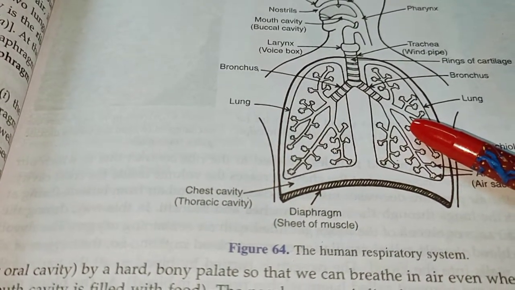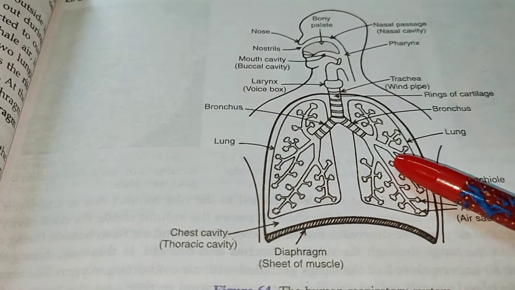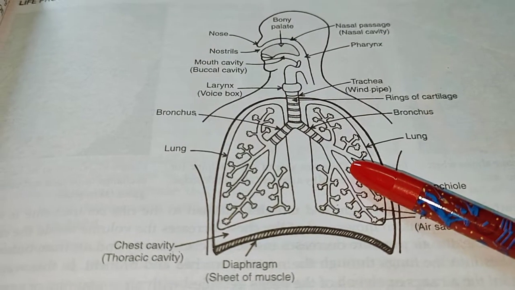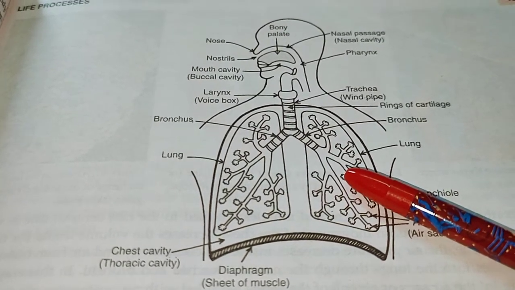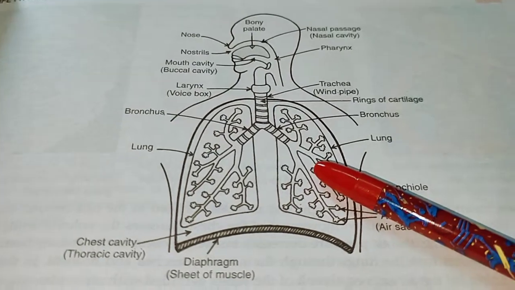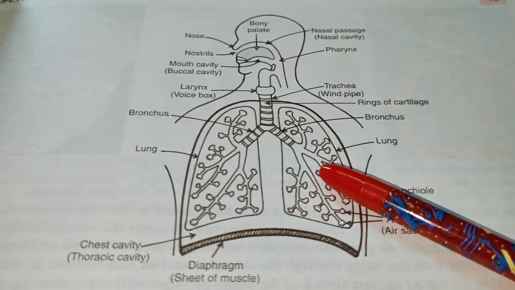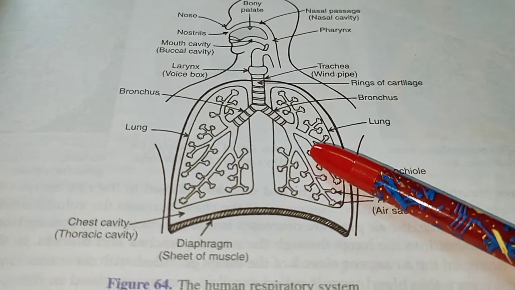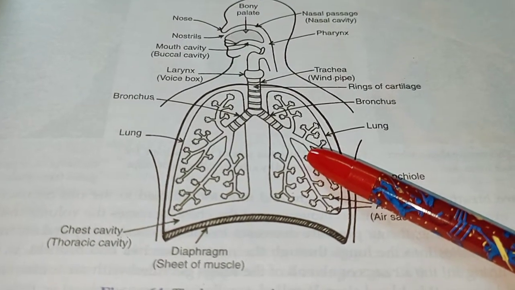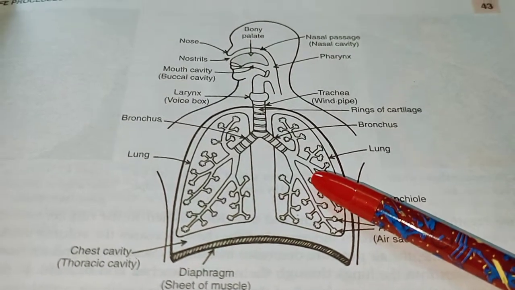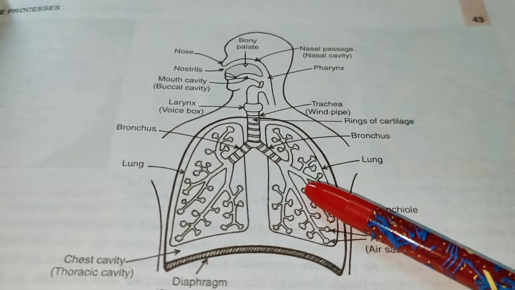The availability of large surface area maximizes the exchange of gases. For example, if all alveoli from the two human lungs are unfolded, they would give an area of about 80 square meters, which is nearly the size of a tennis court.